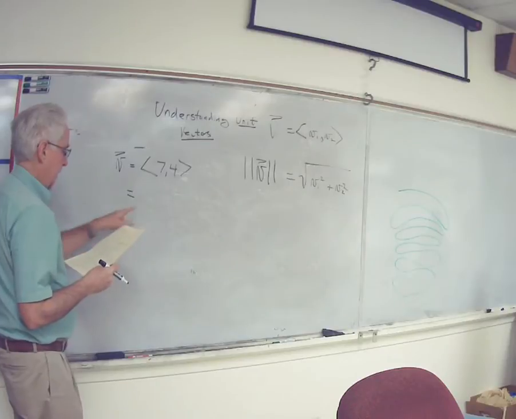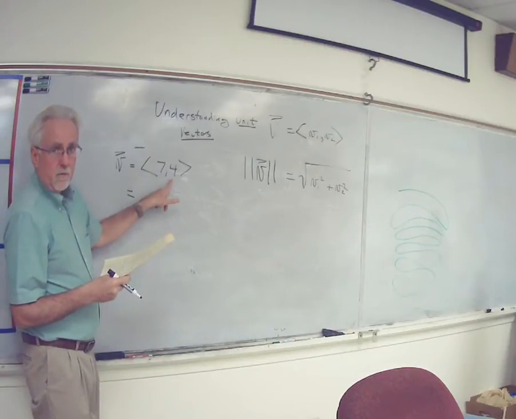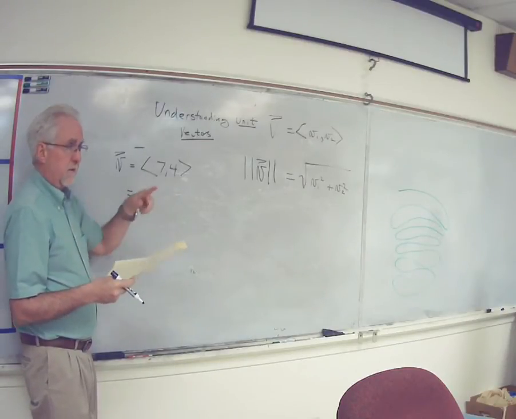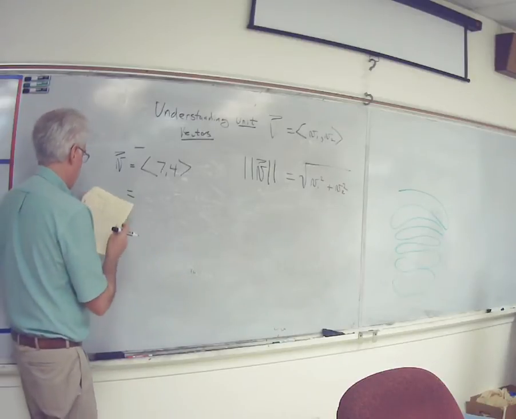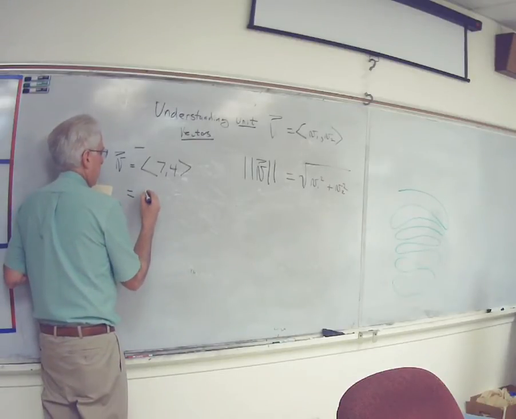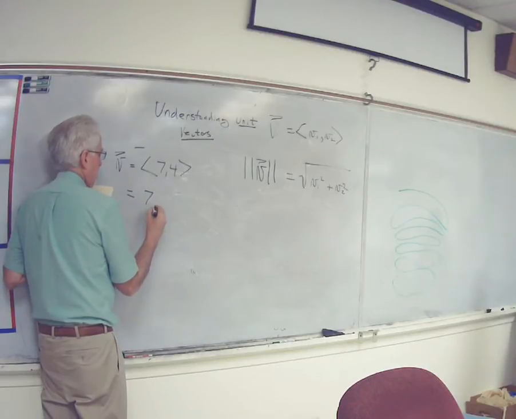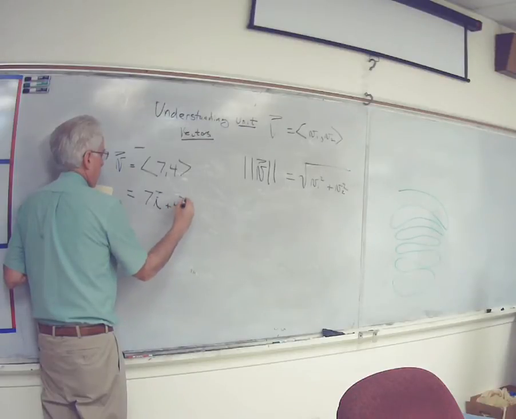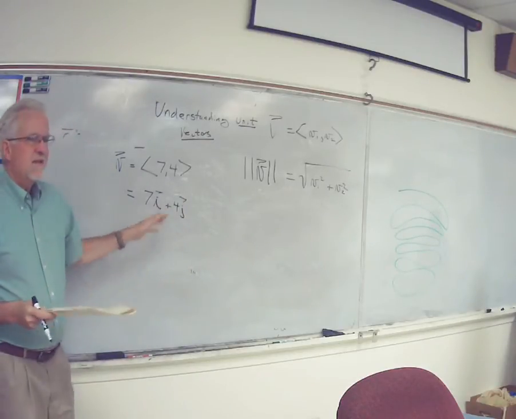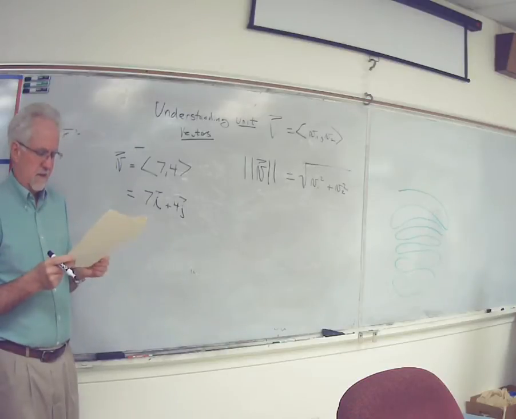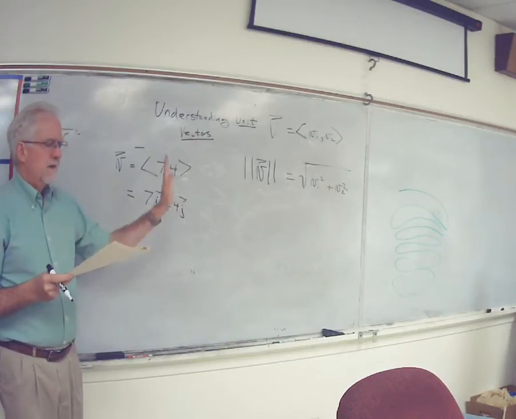Right now we're in component form, right? What do I want now? Unit vector form. So vector V is going to equal 7i plus 4j. Do you see how this makes sense? It's like you go over 7 and up 4.